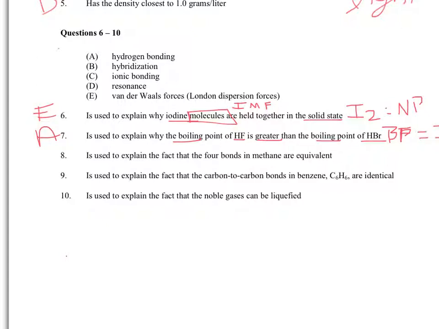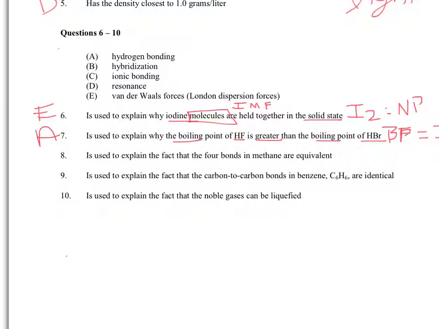Okay, is used to explain that the 4 bonds in methane are equivalent. Does that have anything to do with hydrogen bonding? Ionic bonding? Van der Waals forces? So we've narrowed it down to hydrogen bonding and resonance. But what is resonance?